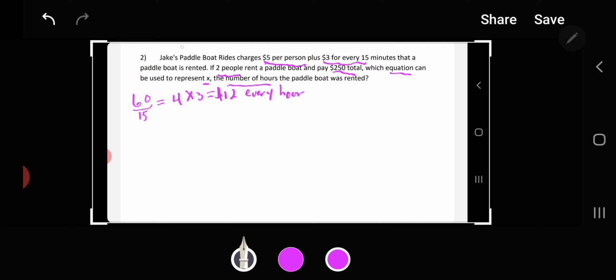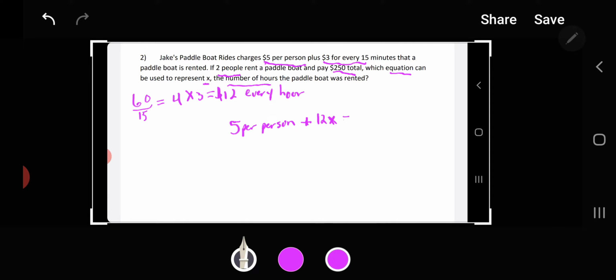Alright, so Jake's paddle boat ride charges $5 per person, so writing this equation, we go $5 per person plus $3 for every 15 minutes, or $12 every hour. So 12 times X, the unknown, letting X represent the number of hours.